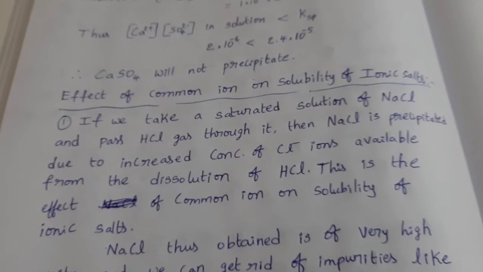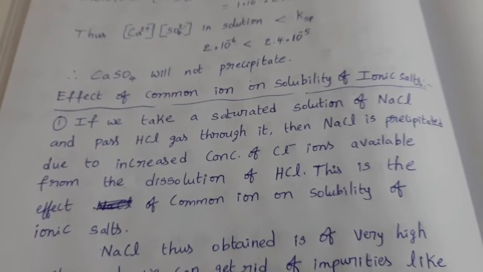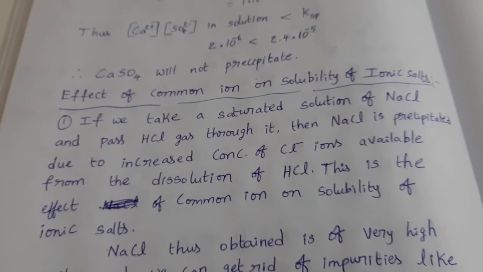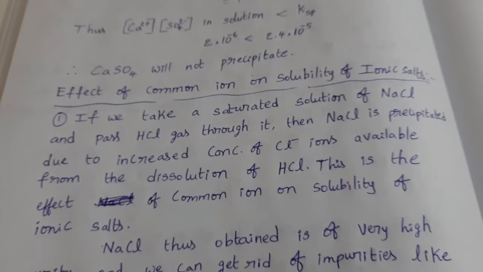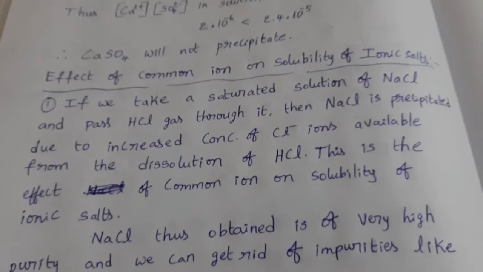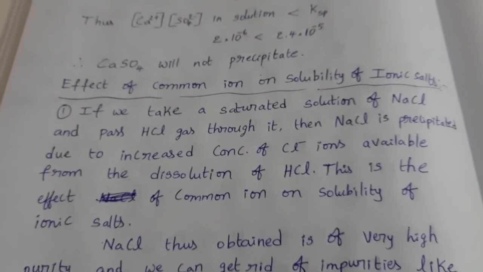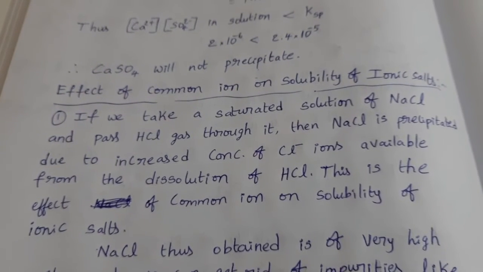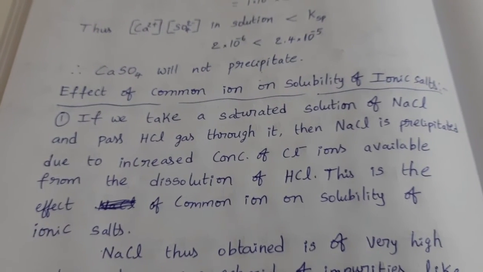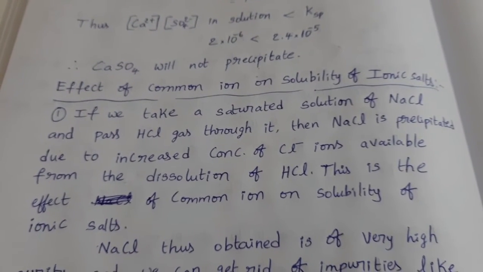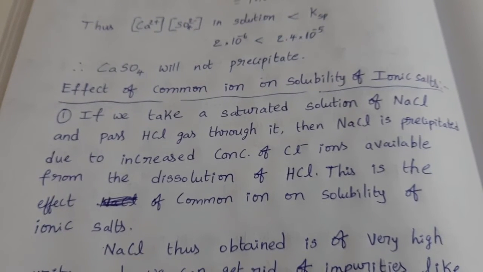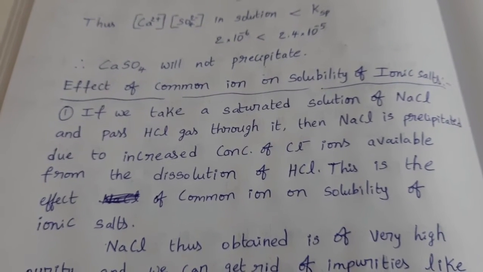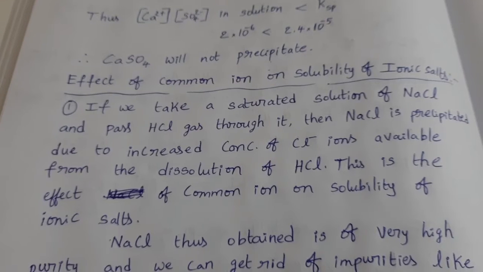Now to this, if we add HCl, also a strong acid, it produces H+ and Cl- ions. In these two reactions, Cl- ion is common. That's why more Cl- ions are present. That means the concentration of Cl- ions is increased after addition of HCl to NaCl.